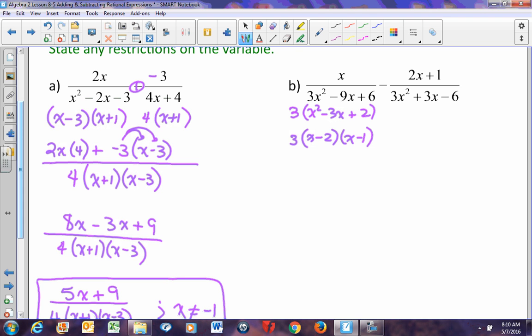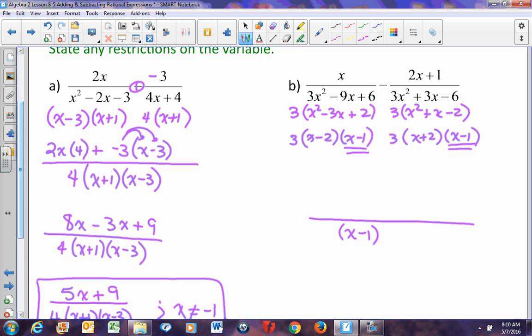Okay, over here, I can take 3 out of this. I get x squared plus x minus 2. So that will factor to x plus 2 times x minus 1. So my common denominator then. Each one has an x minus 1.